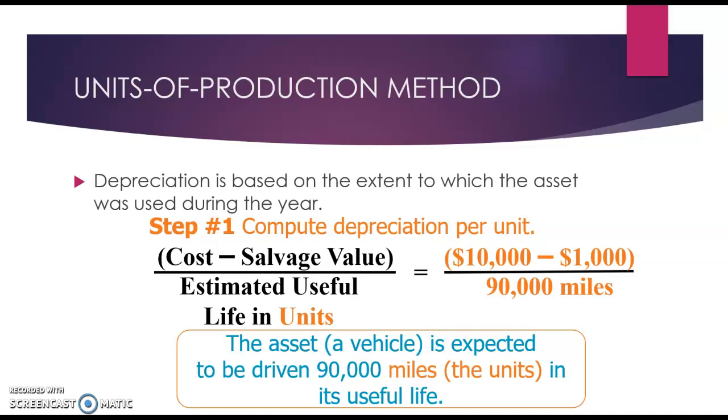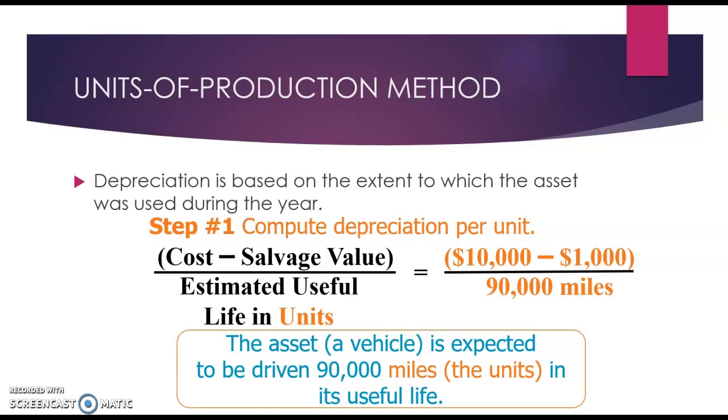And so assuming that the vehicle is owned and only used by the business, the units of production method is very helpful for that. Sometimes some factory equipment has little counters and little computer chips that can tell you exactly how much use on that machine. And so you can use units of production for those kinds of machines as well.